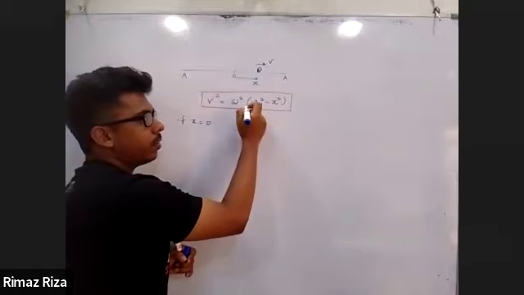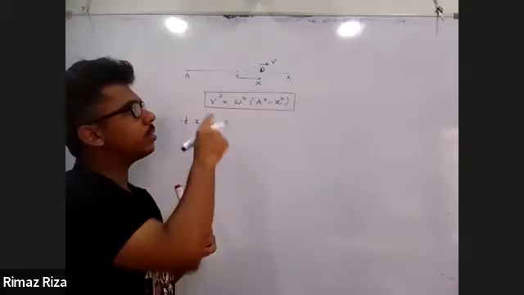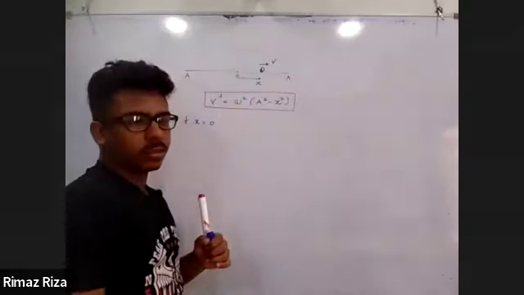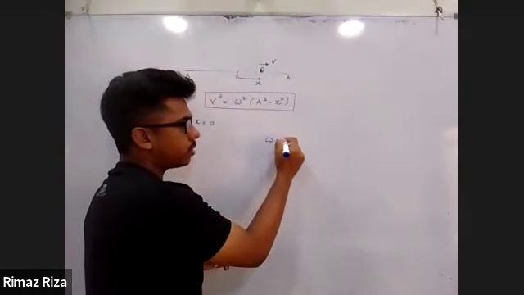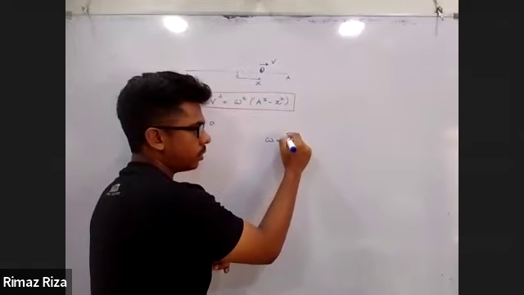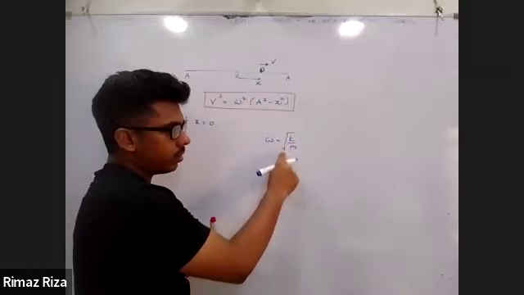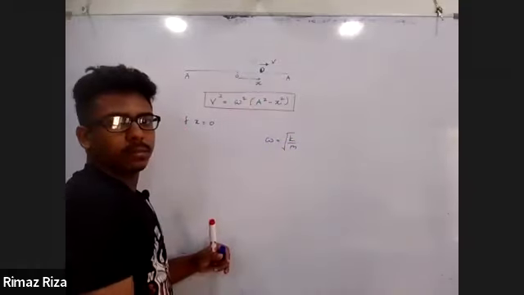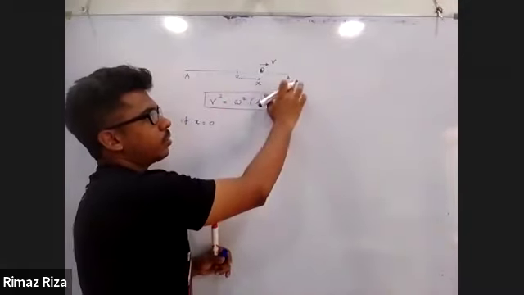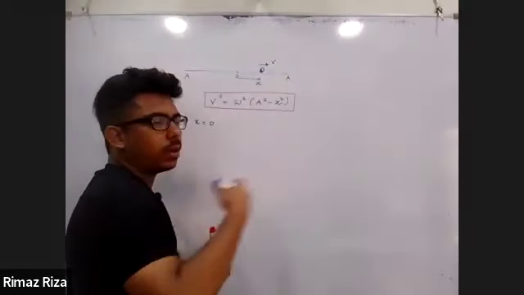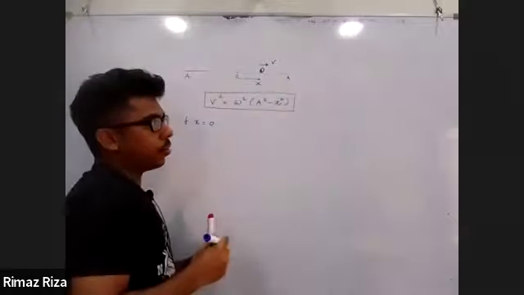Omega is constant for a given simple harmonic motion, because omega equals the square root of k over m, where k is constant and m is the mass of the particle. And A, the maximum displacement or amplitude, is also constant for a given simple harmonic motion.